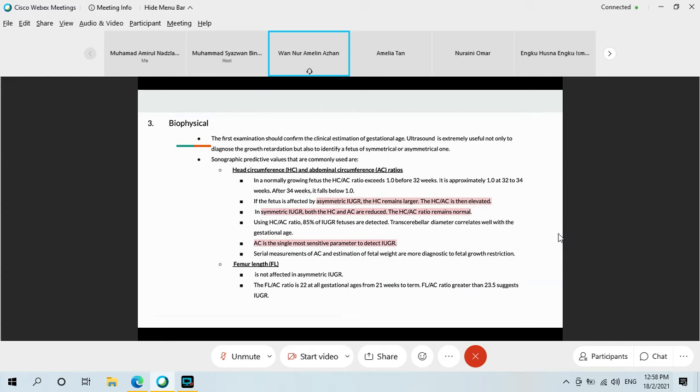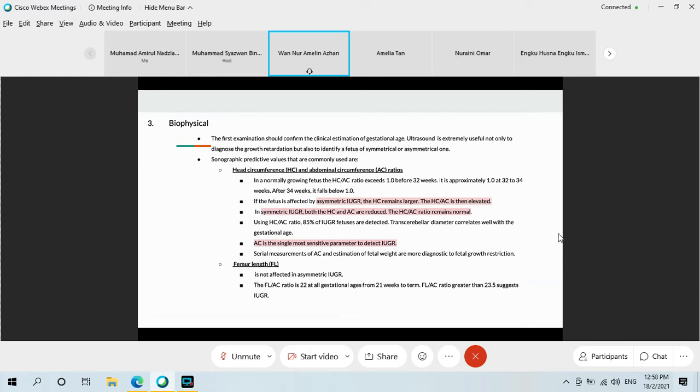If the fetus is affected by asymmetrical IUGR, the head circumference remains large. What happens is the ratio is also elevated. Okay, for symmetrical IUGR, both head and abdominal circumference are reduced. So that's why the ratio remains normal.